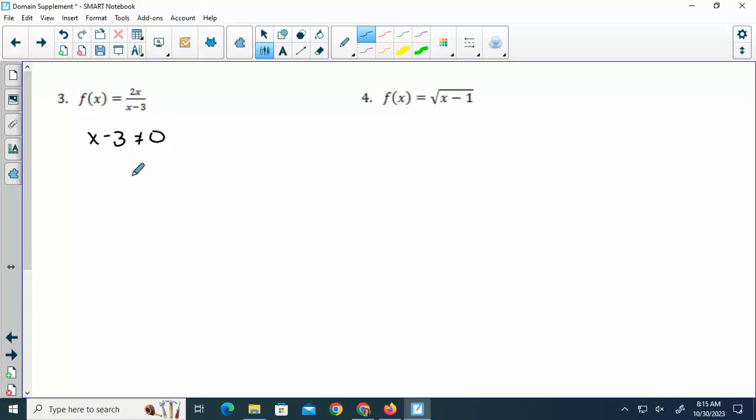So x minus 3 cannot be 0, so that means x cannot equal 3. Do we have any even radicals to worry about? No. So my domain is everything except 3. So if I'm going to give interval notation, that means it's everything smaller than 3. So negative infinity to 3, can't equal 3, so that's a parenthesis. Union, parenthesis, 3 to infinity.